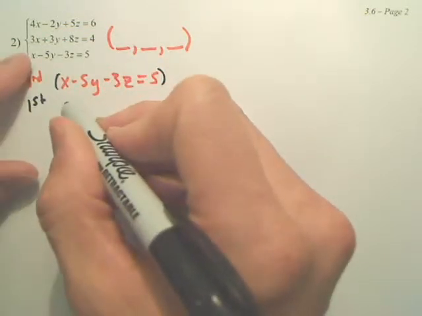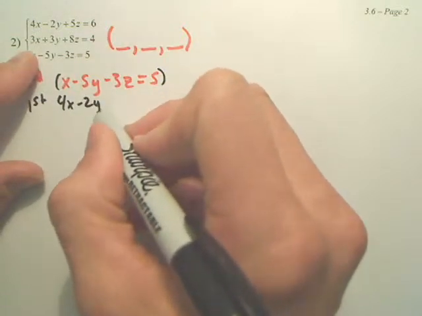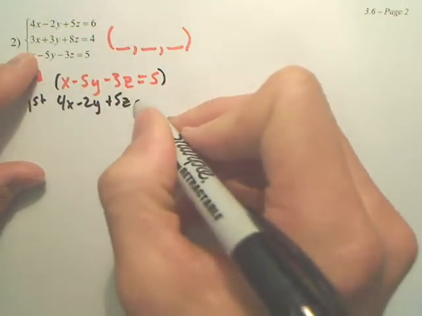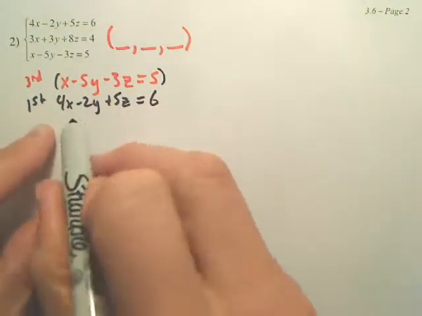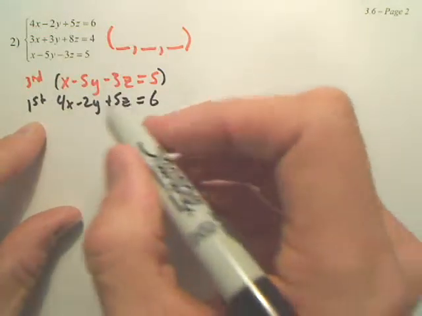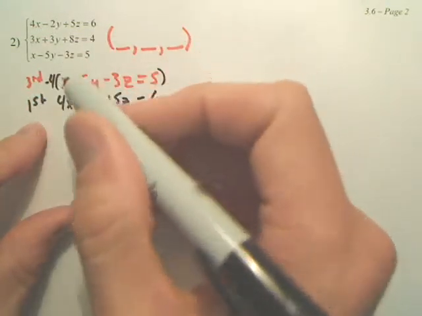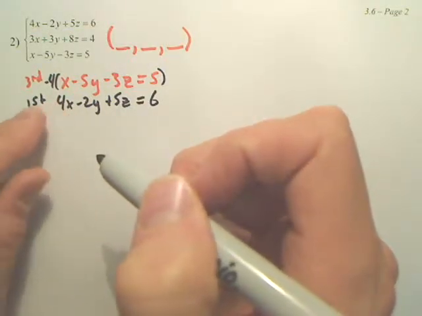The first equation is 4x minus 2y plus 5z equals 6. Now, what do you want in order to cancel this x with this 4x? What are you going to multiply the top by? Negative 4. In order to cancel the x's, you have to multiply everything by negative 4.